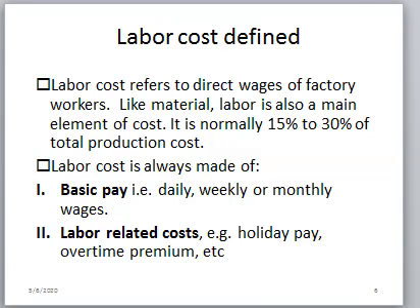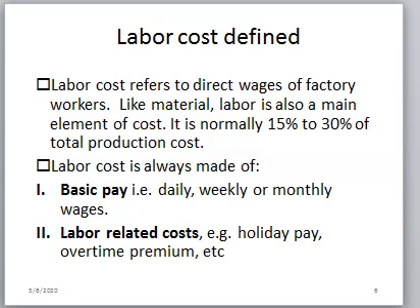When you talk about labor cost, that is what you pay to labor, which is the direct wages of factory workers and other non-factory workers. We also call them wages, or they may be salaries. The cost of labor in the total production cost depends on the organization. In some manufacturing organizations, it may be between 15% to 30%.